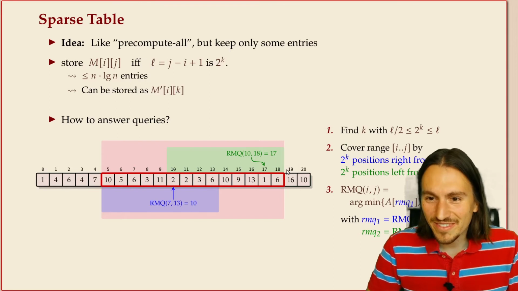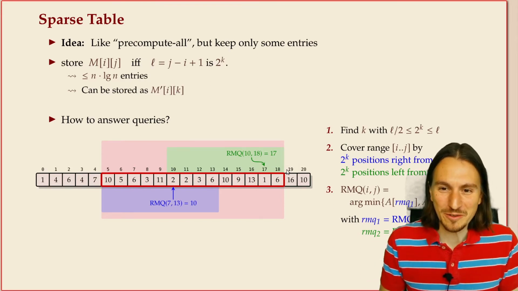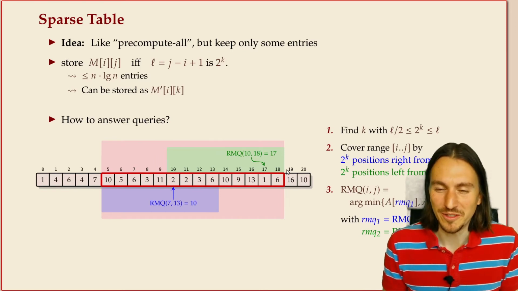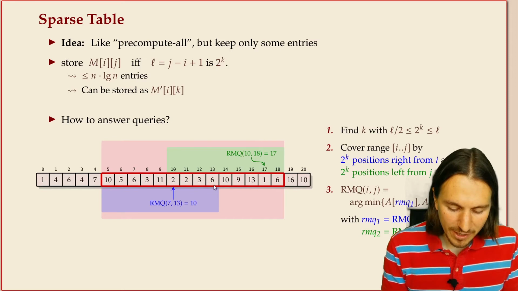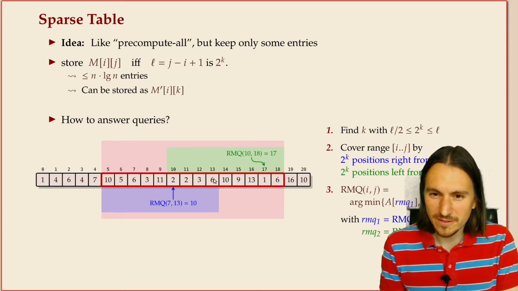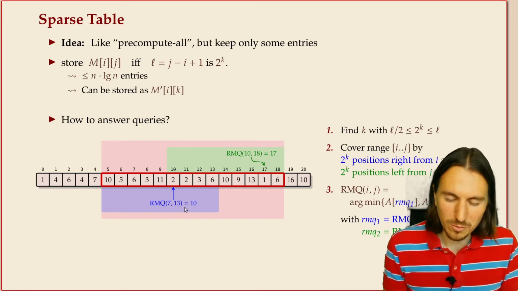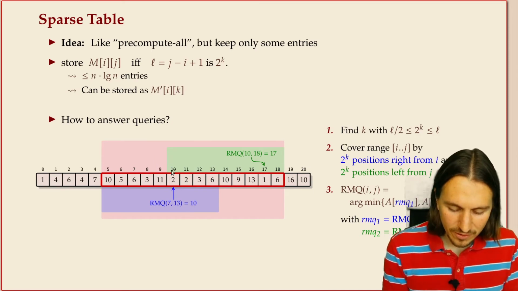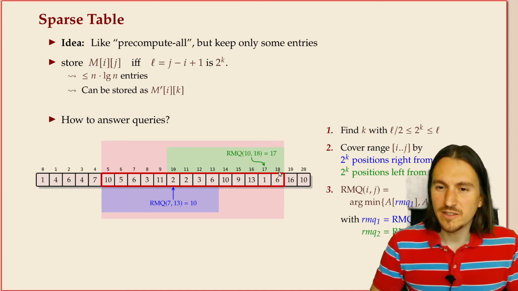That's not a power of 2, so we don't have this value pre-computed. What we do have is, starting at i, we have the length 8 range. That's the blue one. And we have this green range, which is also length 8, which ends with position 18.